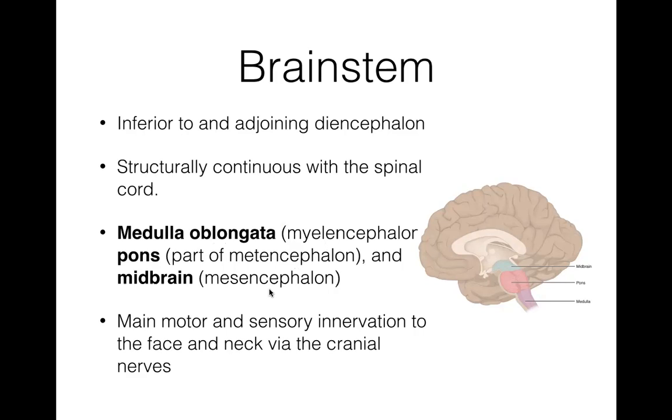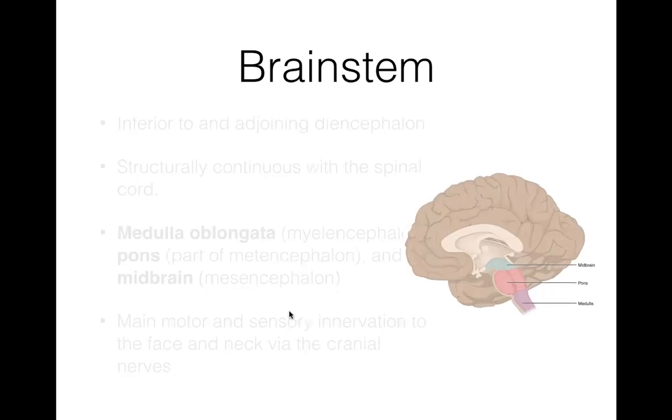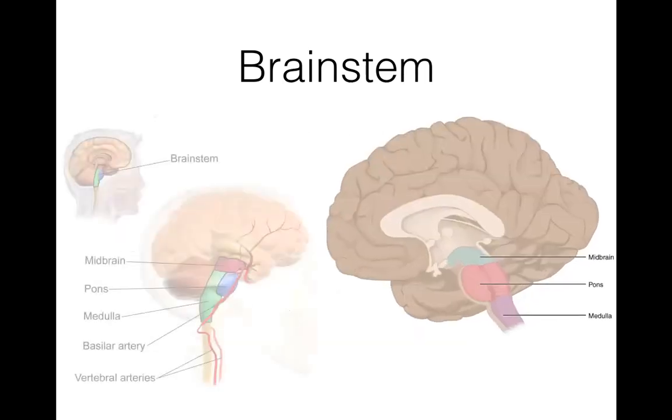Now, there are different cranial nerves that control the face and the neck, as well as sensory nerves that innervate the face and the neck. Some of them arise from the brainstem. So for you to visualize, this is a representation of the brainstem shown in color. So it actually connects the cerebrum with the rest of the spinal cord.